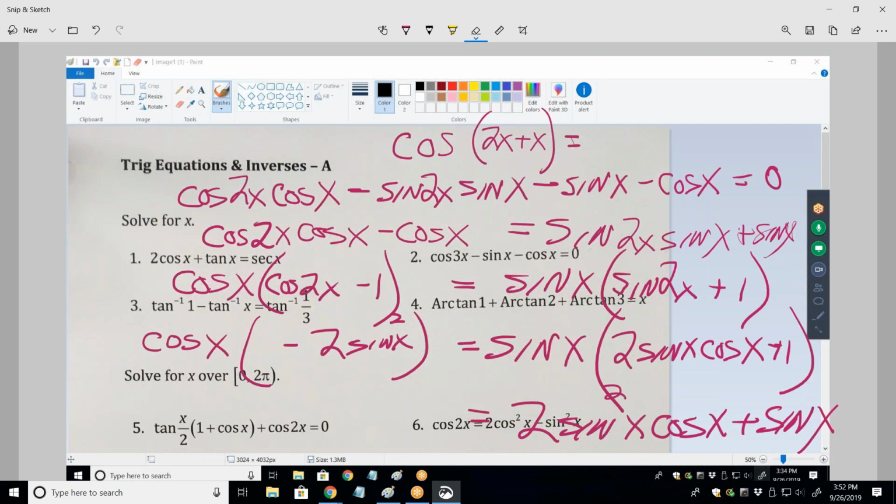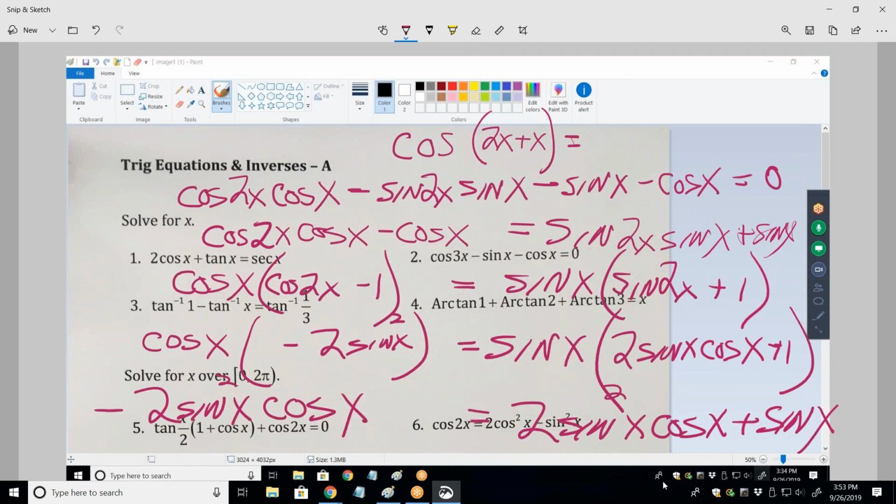So we can divide both sides by, no, we got 2 sine squared x on both sides. What does the left side become? It becomes minus 2 sine squared x cosine x.